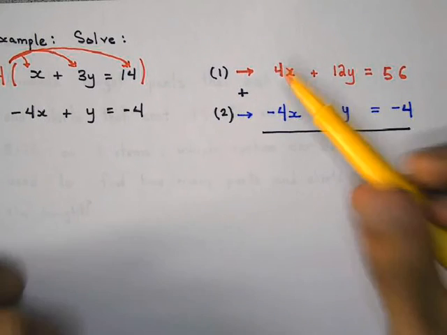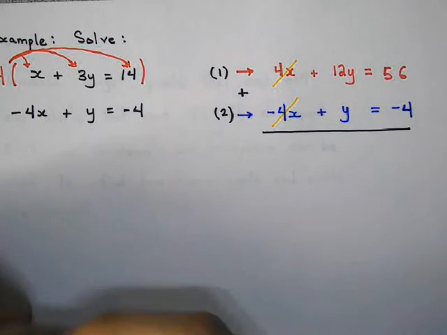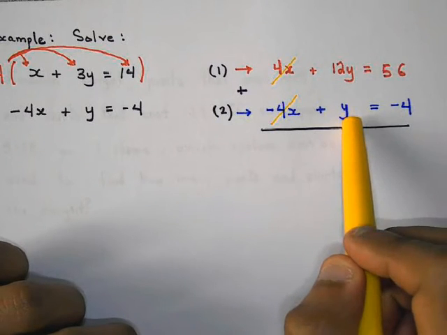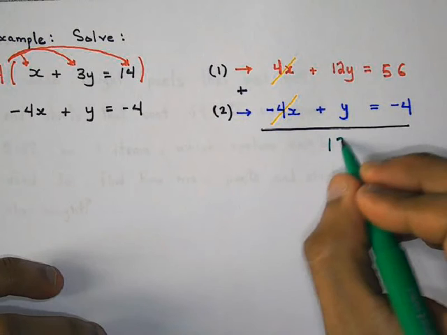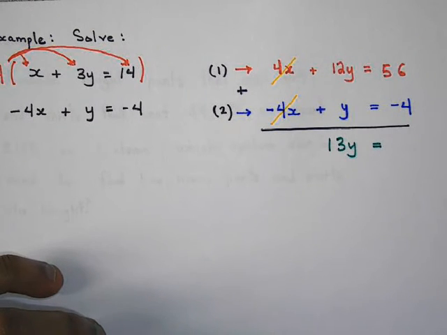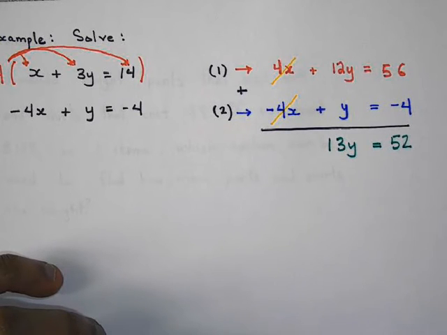Well, 4x plus a negative 4x simply cancels out. And then here I have 12y plus y. Well, 12y plus y is simply 13y. I'm going to drop down the equal sign. And now I have to do 56 minus 4. Well, 56 take away 4 is 52.